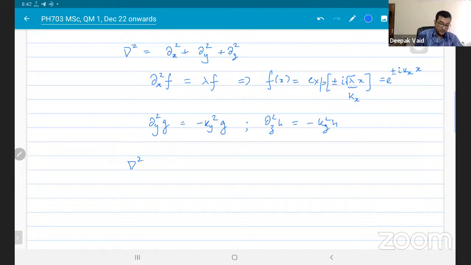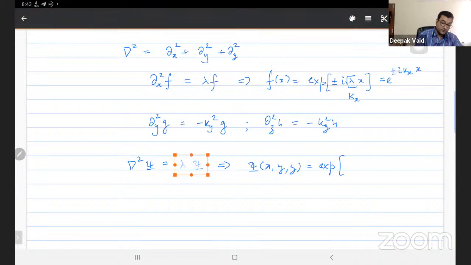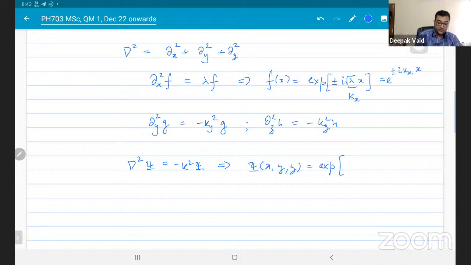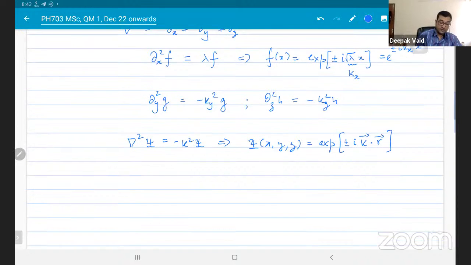So I can now write down the general solution of this equation. The answer is psi equals exponential of plus minus i vector k dotted with vector r, with eigenvalue minus k square. What is k? k is some vector kx, ky, and kz.